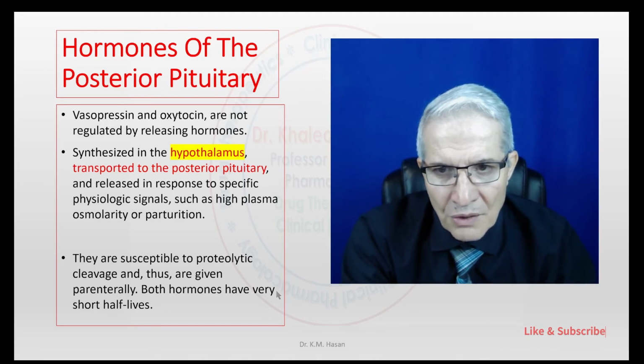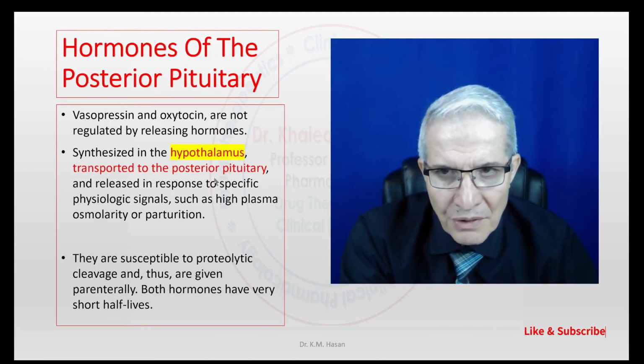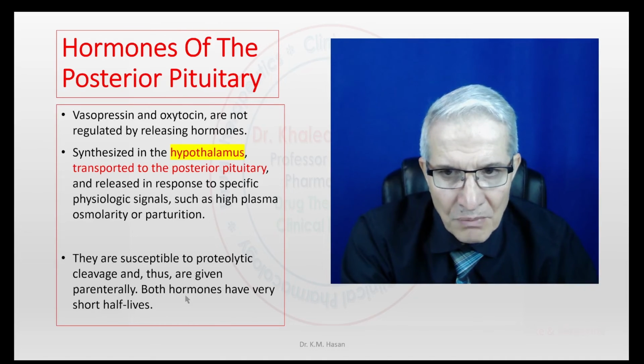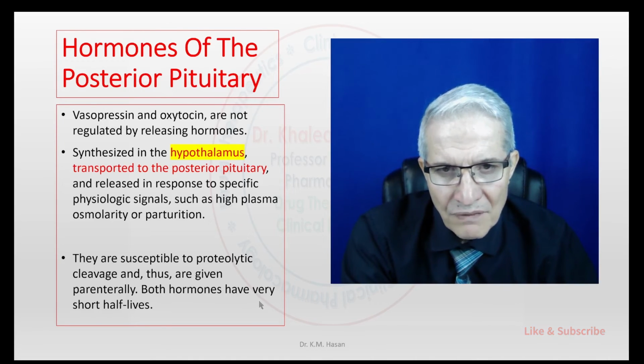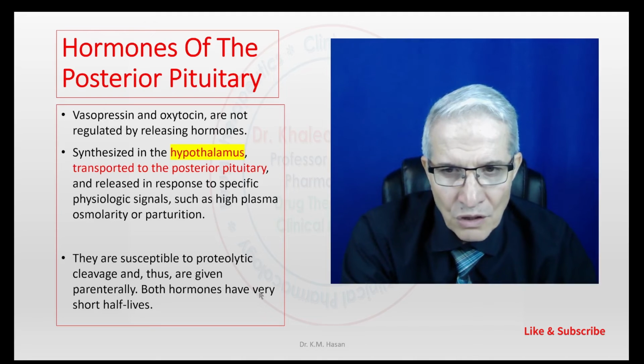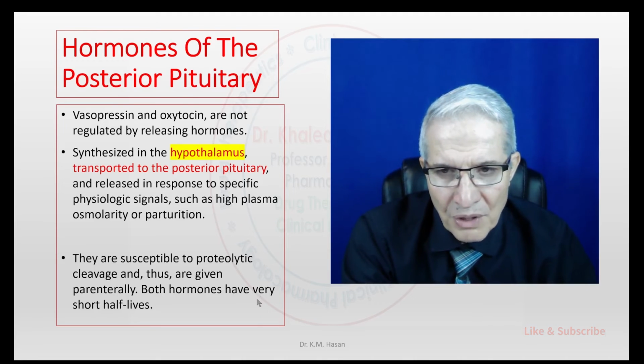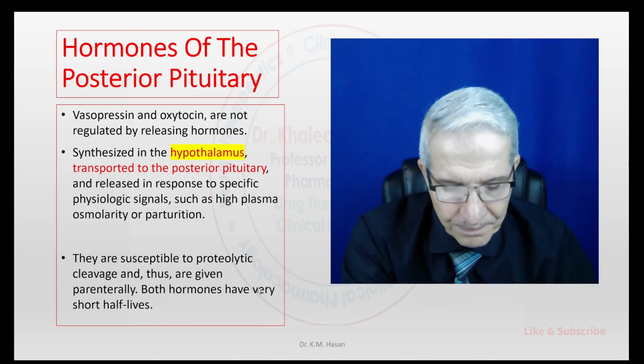Remember that both hormones have a very short half-life. We don't use it a lot in clinical practice, but oxytocin is very important in OBGYN and for the practice of delivery and pregnancy.